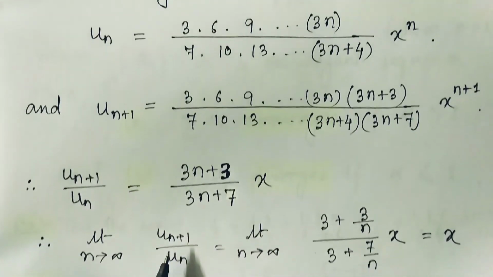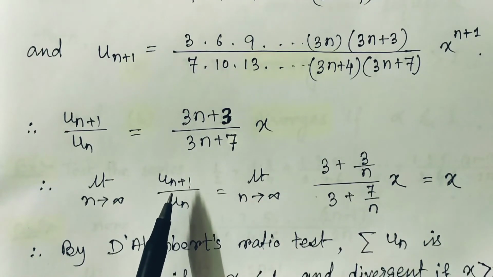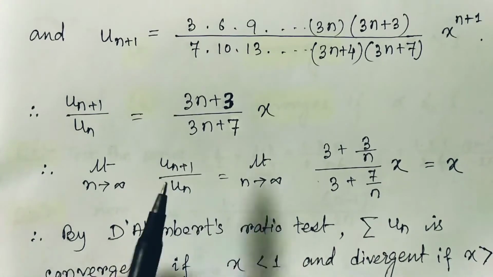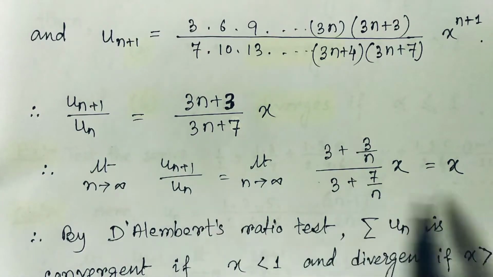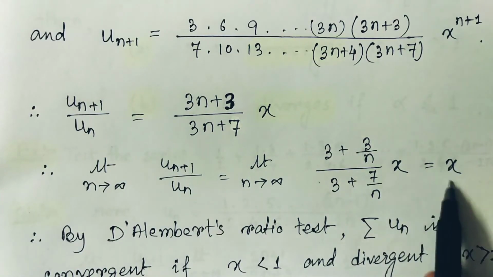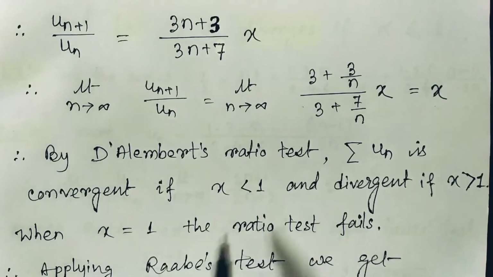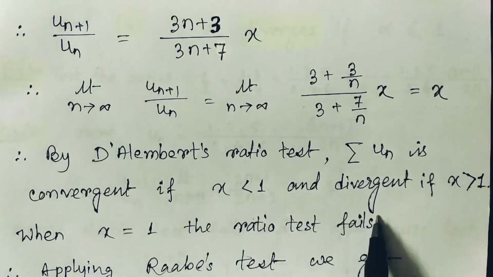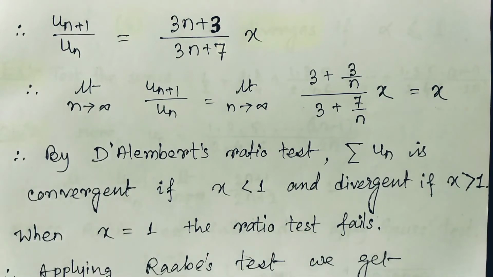After getting these two, we take the ratio un plus 1 by un to apply D'Alembert's ratio test. Taking the limit, we find the value is x. So by D'Alembert's ratio test, the series is convergent when x is less than 1, and divergent if x is greater than 1. But when x equals 1, the test fails.